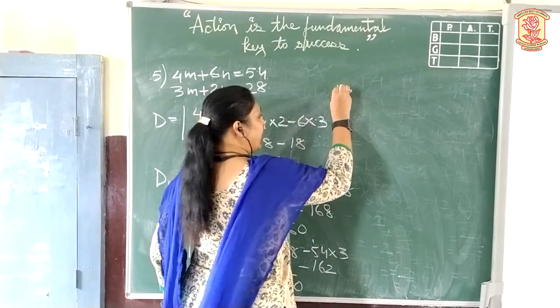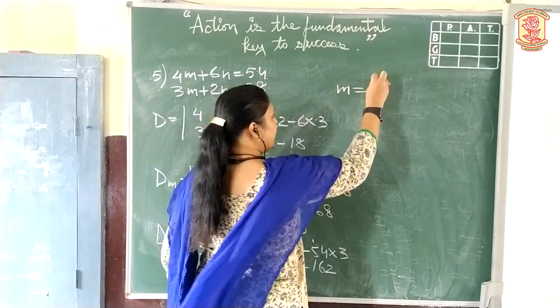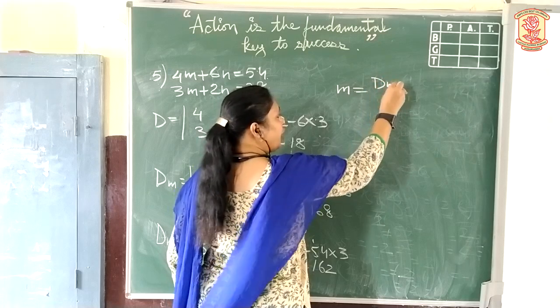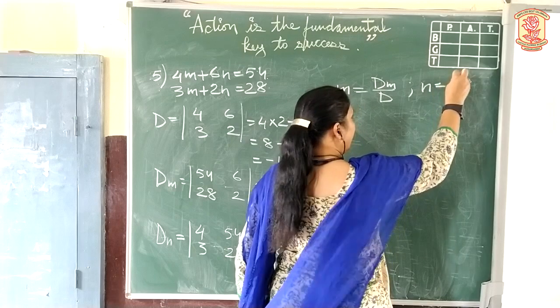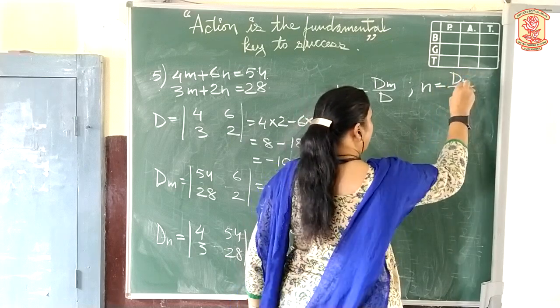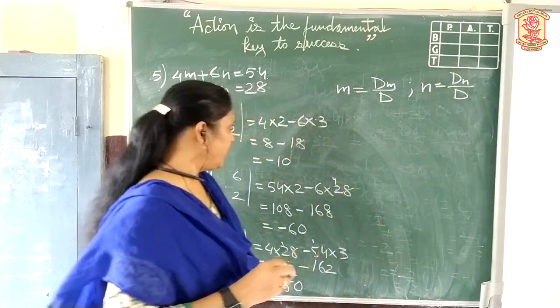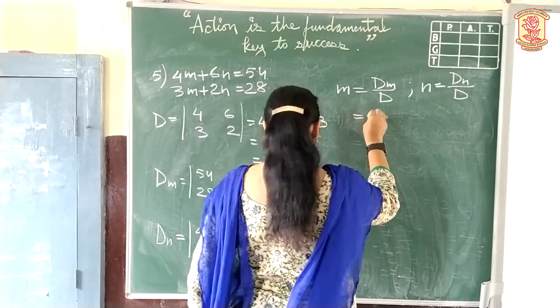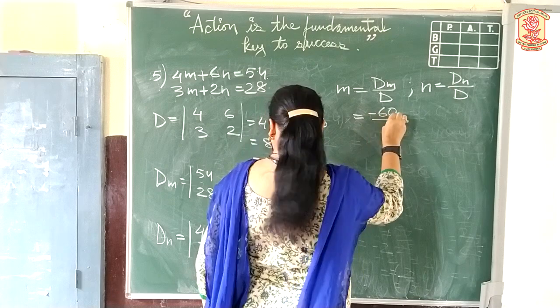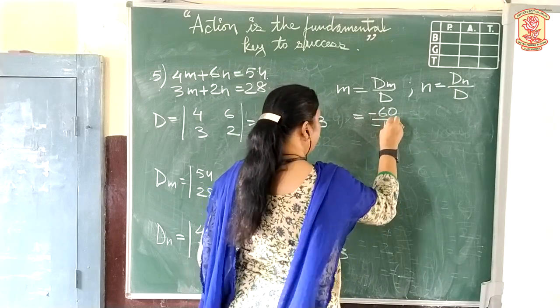Now we have to get the value of m and n. What is m? That will be the determinant for m upon the determinant, and for getting the value of n, we write the determinant of n upon the determinant. Now we substitute the values here. So Dm is minus 60, determinant is minus 10.